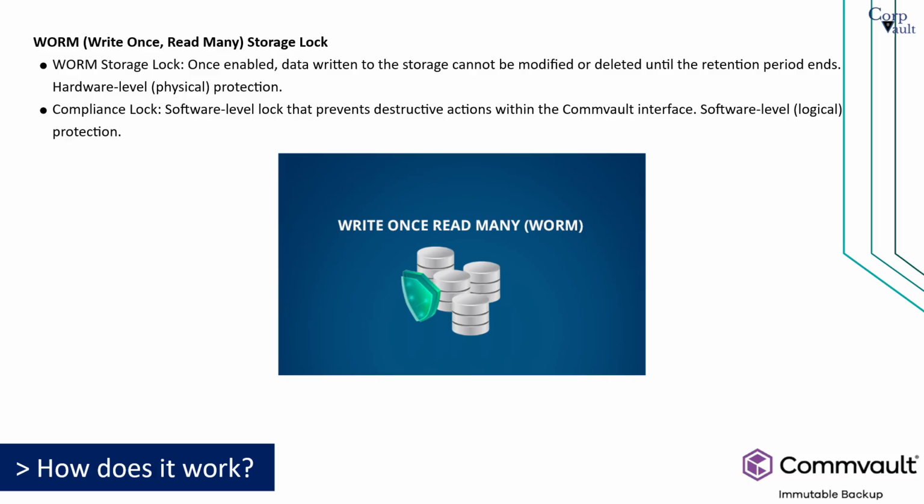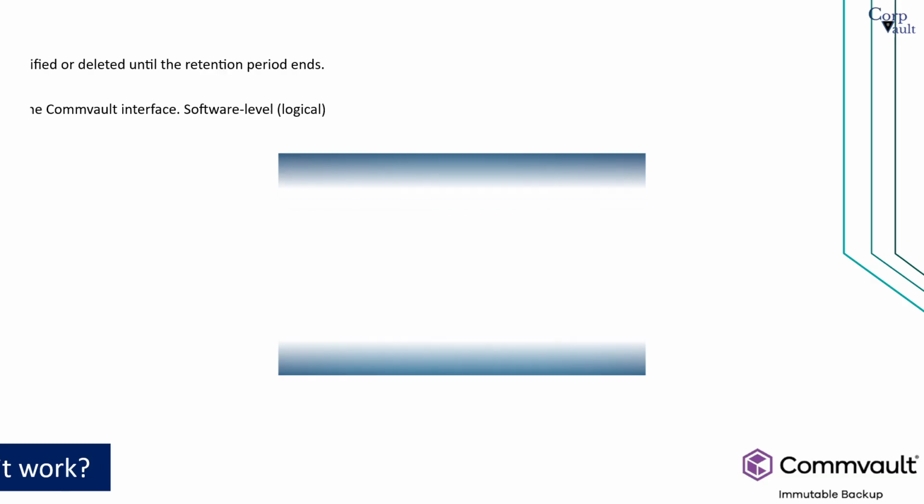The compliance lock is a software-level lock that prevents destructive actions, like deletion or retention reduction, within the Commvault interface. You can say WORM storage lock is hardware-level, physical protection, and compliance lock is software-level, logical protection. Keep in mind, once WORM is enabled, it is irreversible.